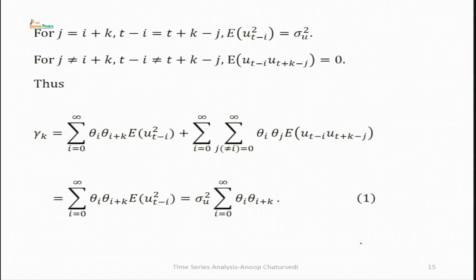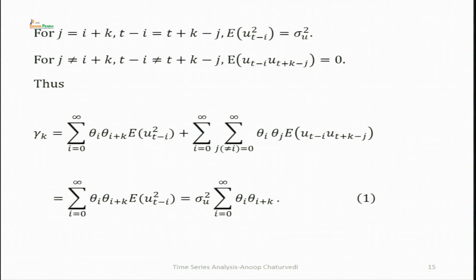So, finally, the value of gamma k is, say, summation i equal to 0 to infinity theta_{i+k} expectation of u_{t-i} squared, and then you get the terms summation i equal to 0 to infinity, j not equal to i, 0 to infinity, theta_i theta_j expectation u_{t-i} u_{t+k-j}, and all these terms have expectation 0.